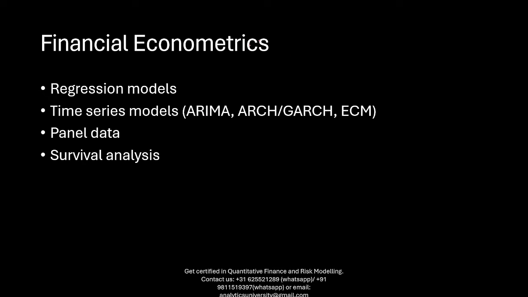Another technical topic that you need to know is financial econometrics. It's a part of econometrics, which deals with the use of statistical modeling in the field of economics, and financial econometrics in particular is about the use of econometrics in finance.